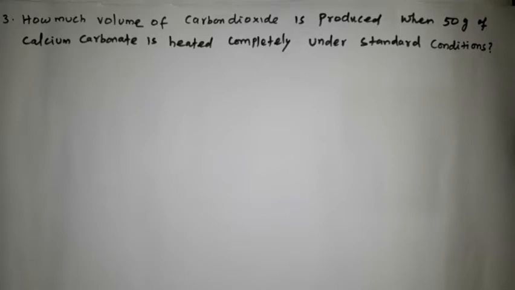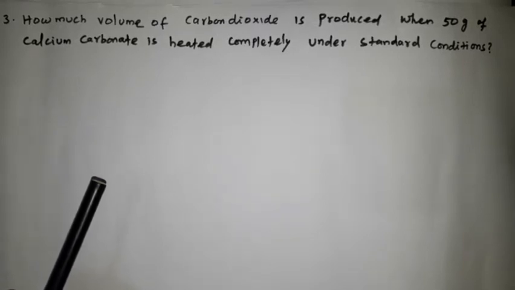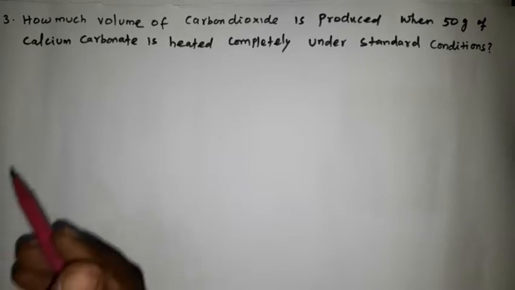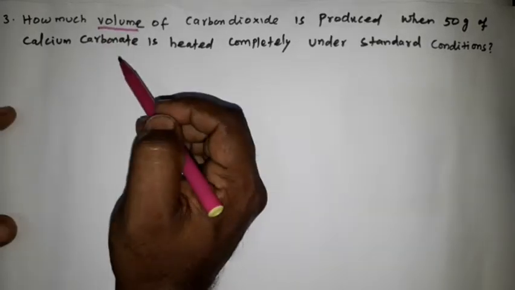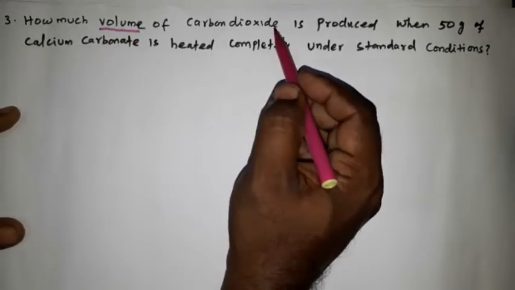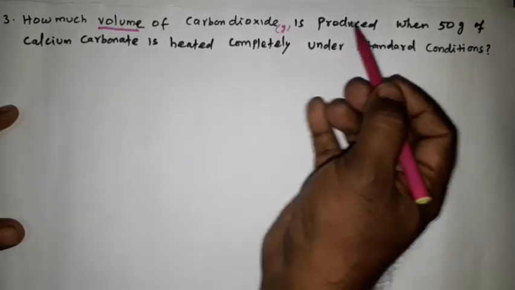See, question number 3. How much volume of carbon dioxide is produced when 50 grams of calcium carbonate is heated completely under standard conditions? Here in the question they are asking how much volume of carbon dioxide, which is a gas, is produced.